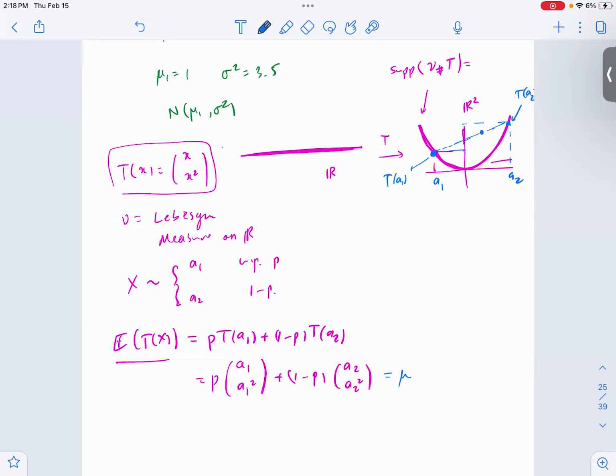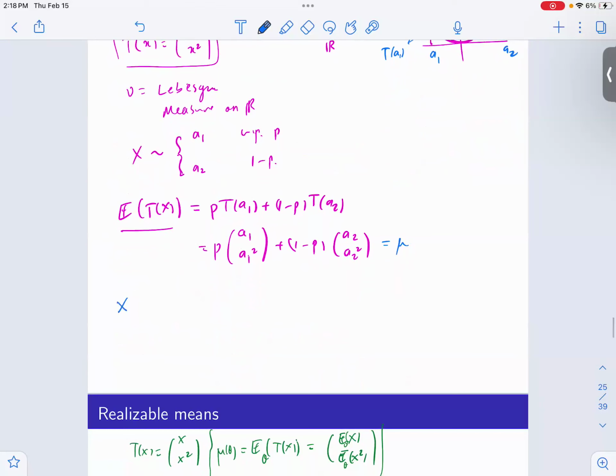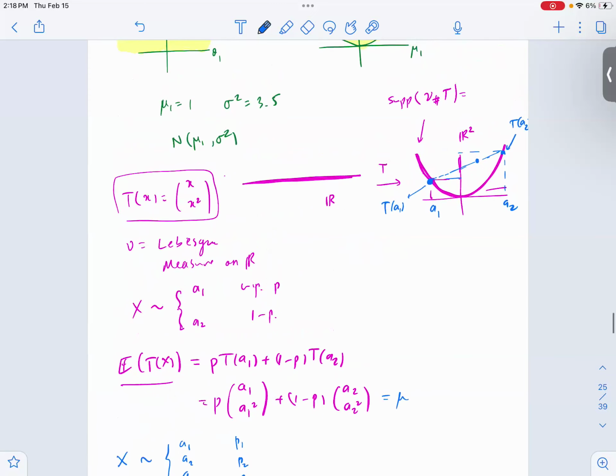Now let's say X takes 3 values, A1, A2, A3, with probabilities P1, P2, P3. They sum to 1. So what would be the expectation? In general, it would be the summation of Pi times T of Ai, here from 1 to 3.